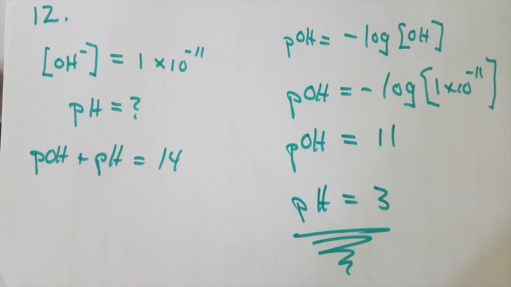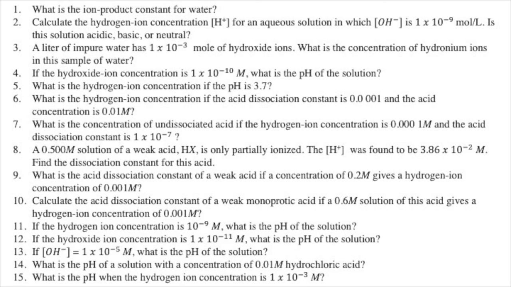So the pOH is the negative log of the OH concentration, so it's going to be pOH equals negative log of 1 times 10 to the negative 11, which is 11. You know that the pH and the pOH have to equal 14, so if the pOH is 11, the pH is 3.